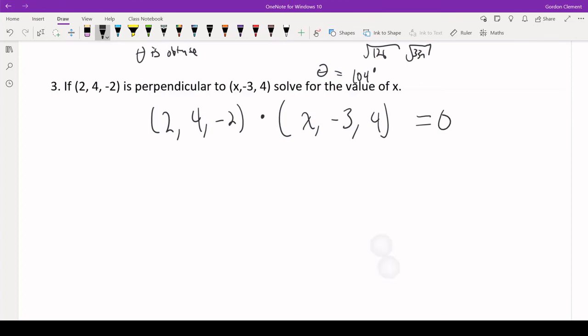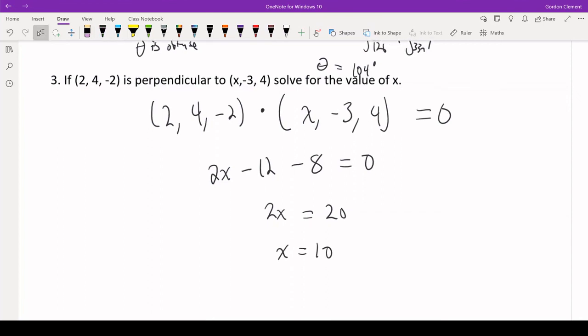So what that's going to look like is multiply the x's, so 2x, multiply the y's, negative 12, and multiply the z's, negative 8, and that should equal 0. So we're adding up all those results. So that means 2x needs to equal 20 when I move over the negative 20, so x has to be 10. So that will be the value that works.